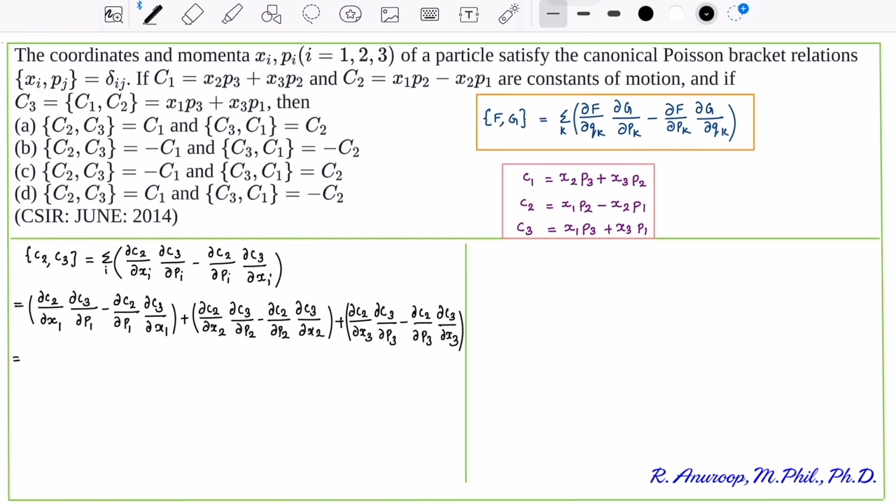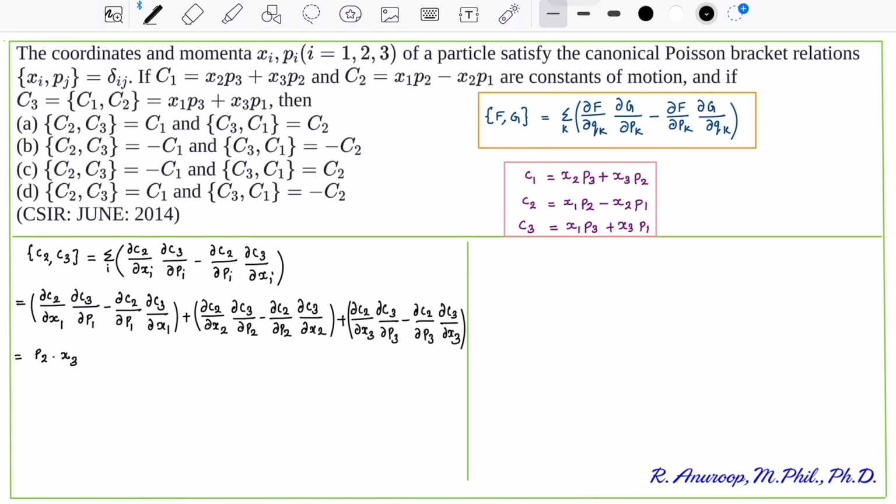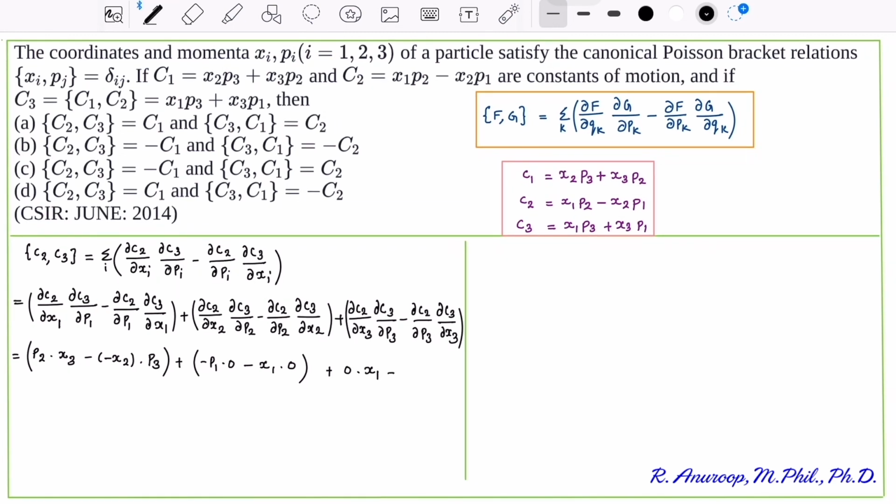Therefore, dou c2 by dou x1 is p2, dou c3 by dou p1 is x3, minus dou c2 by dou p1 is minus x2, dou c3 by dou x1 is p3, plus dou c2 by dou x2 is minus p1, dou c3 by dou p2 is 0, dou c2 by dou p2 is minus x1, now dou c3 by dou x2 is 0, plus dou c2 by dou x3 is 0, dou c3 by dou p3 minus x1, dou c2 by dou p3 is 0, and dou c3 by dou x3 is p1. Therefore, the answer is p2 x3 plus x2 p3.